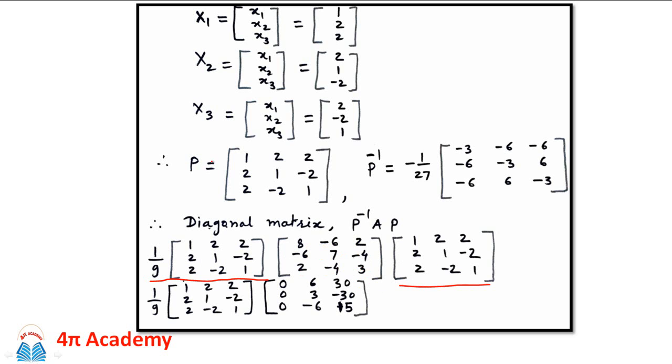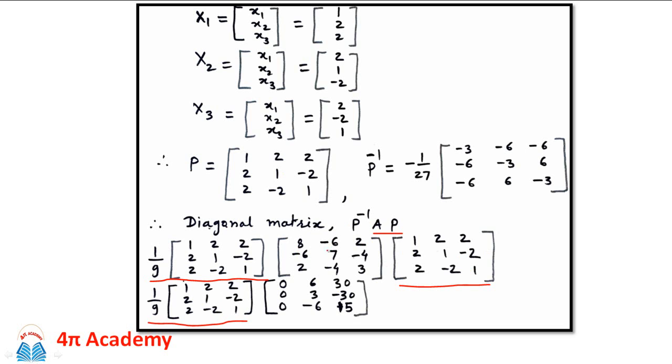So this is my modal matrix, which is 1 2 2, 2 1 minus 2, and 2 minus 2 1. The formula for the diagonalization is P inverse AP. So I keep this P inverse as it is first and solve the matrix multiplication of A with P first.